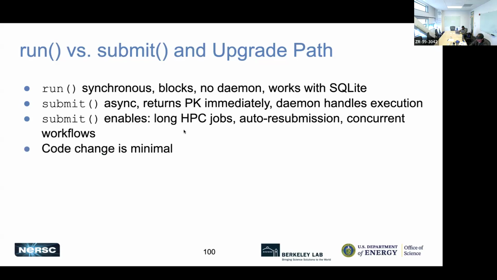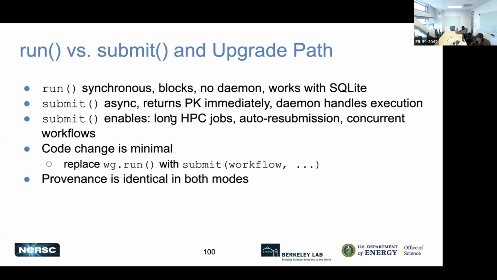The code change from moving to short form to long form is minimal. Replace run with submit. The provenance behavior of both of those is the same. Anything that you want to make sure that works in production, you can try out inside run on a small toy version.